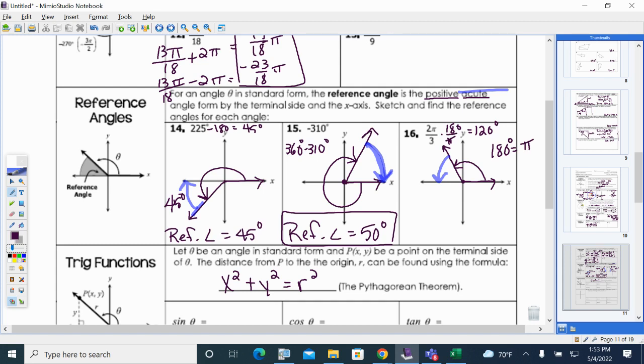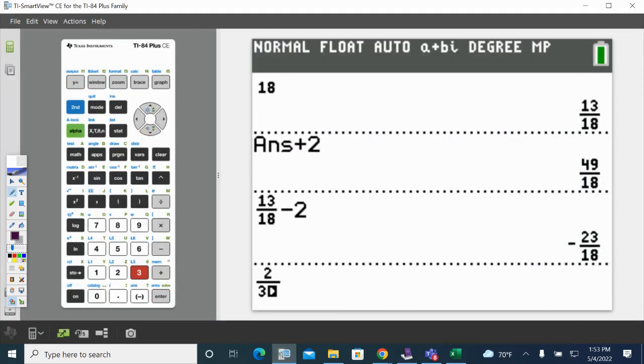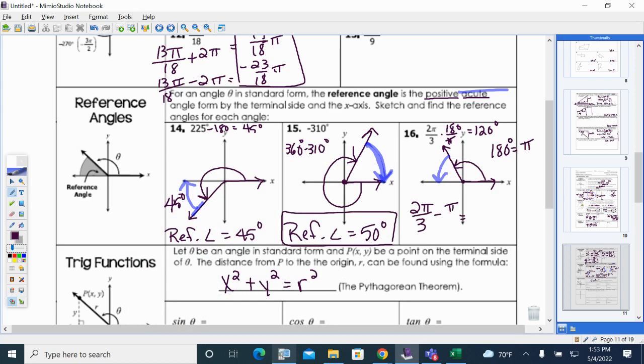I'm going to take that 2 pi over 3. I'm going to do this way on purpose, and I'm going to subtract the pi. So basically what I'm doing is I'm taking 2/3 minus 1. So look what happens. If I take 2/3 and I subtract 1, the calculator is going to tell me that's equal to negative 1/3, which is fine.